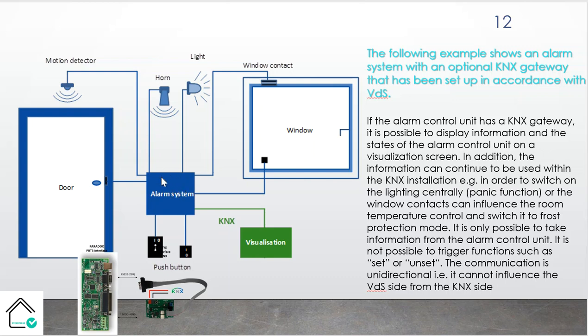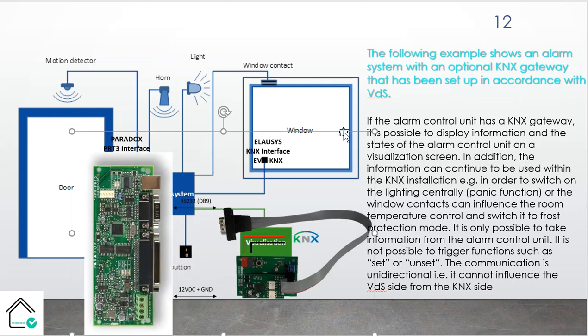Of course, these alarm systems can use a gateway to communicate with KNX. For example, a gateway for the Paradox systems is available to connect to the KNX. You can see this is the main board of the Paradox, and this is the connection of Paradox to the KNX.